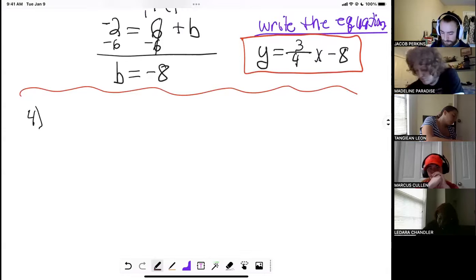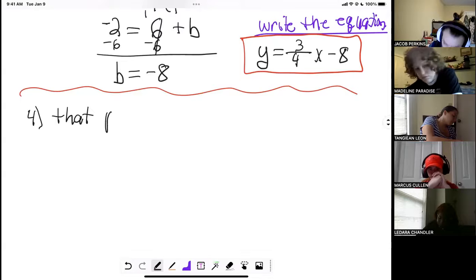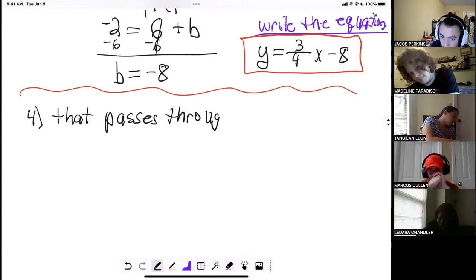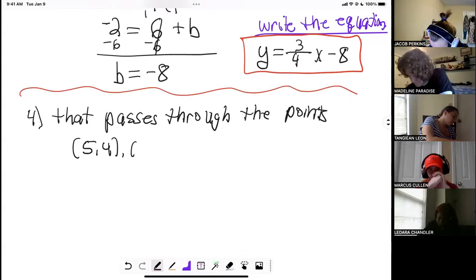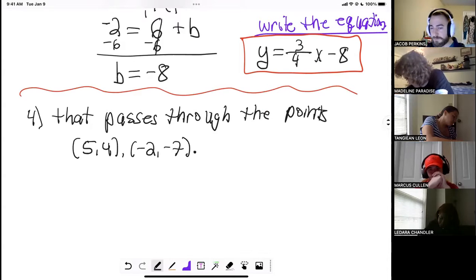Write the equation of the line that passes through the points (5, 4) and (-2, -7). So we're not given anything. We don't know B, we don't know M, and somehow we have to write the equation.